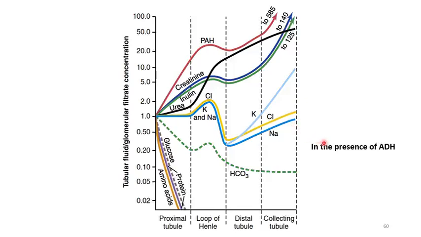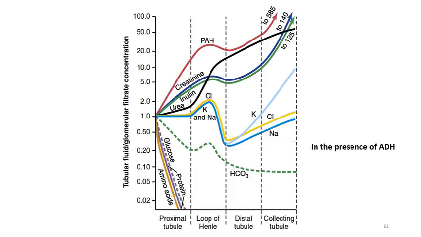But in the absence of ADH, the solutes will be diluted more and more to the end of the nephron, and the urine will be diluted urine. And as you see, because the solutes are concentrated to the end of the nephron after the diluting segment, it shows that this graph is depicted in the presence of ADH.